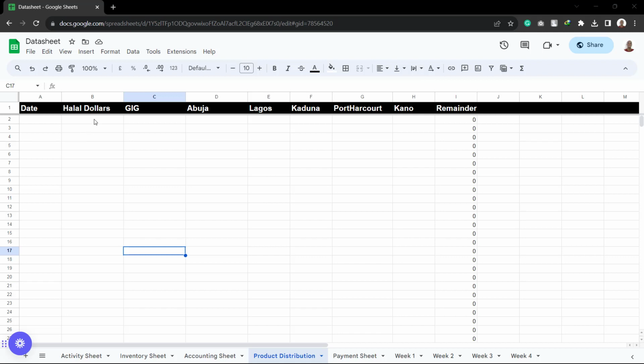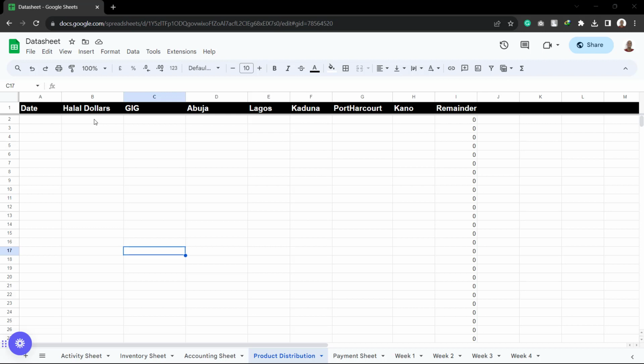The second one is Allowed Dollars, which means the amount of products that you have with Allowed Dollars. Once we ship in products, the products arrive at Allowed Dollars premises in Lagos, so the initial amount of products you have always starts with Allowed Dollars.